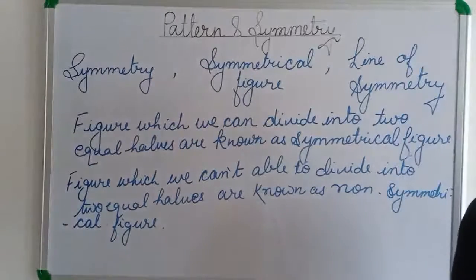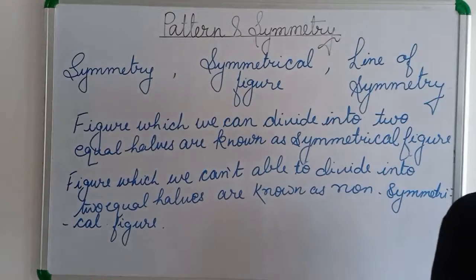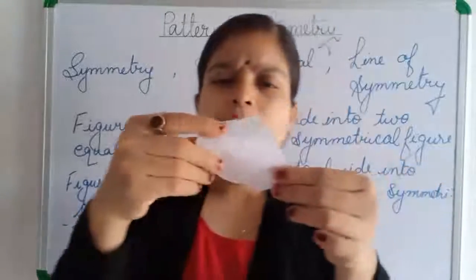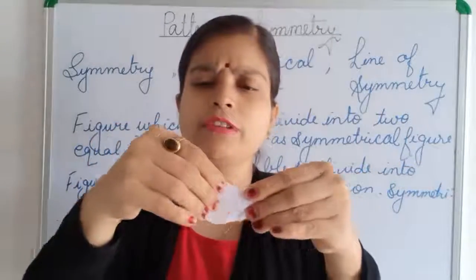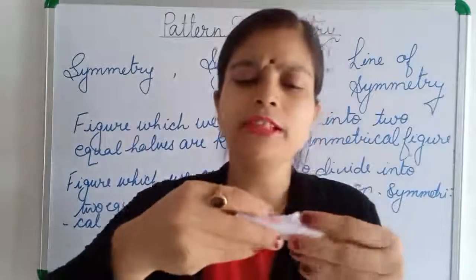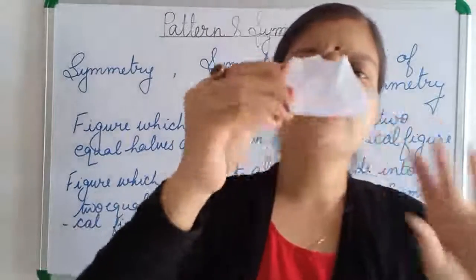So, if this shape is like this, okay, this is the shape. Whether we can divide this into 2 equal halves, you can see no. From no direction we can divide this figure into 2 equal halves.